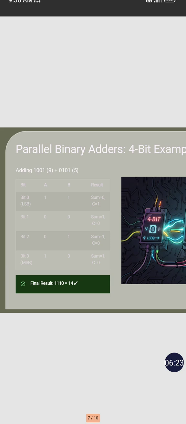When we add them, the final result is 1110, which is decimal 14. Each full adder handles 1 bit position. The carry is generated from one stage and moves to the next stage. This arrangement allows faster addition of larger binary numbers. So parallel adders are commonly used in digital systems for arithmetic calculations.